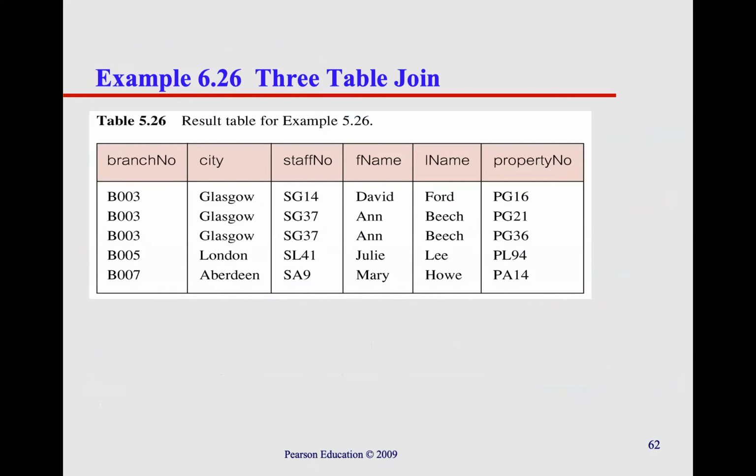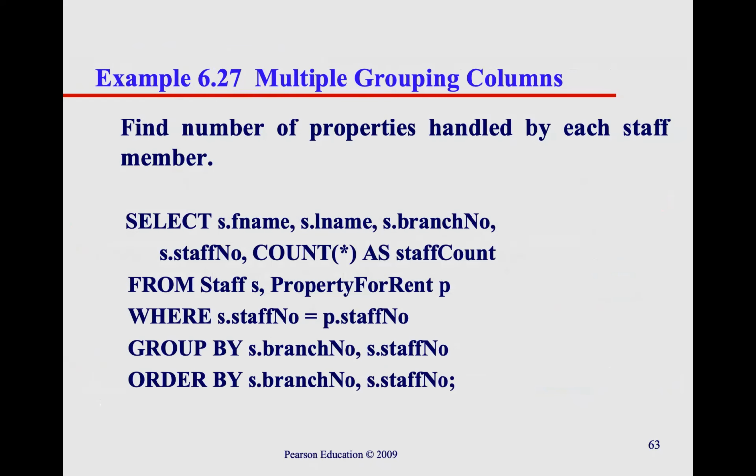Syntactic sugar. Okay. So another thing you often want to do is use grouping with your joins. So here we want to find the number of properties handled by each staff member. And in this case, I also want to know the staff member's first name, last name, and the branch number at which they work.